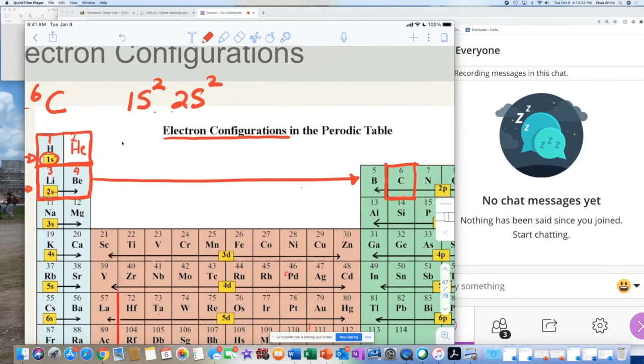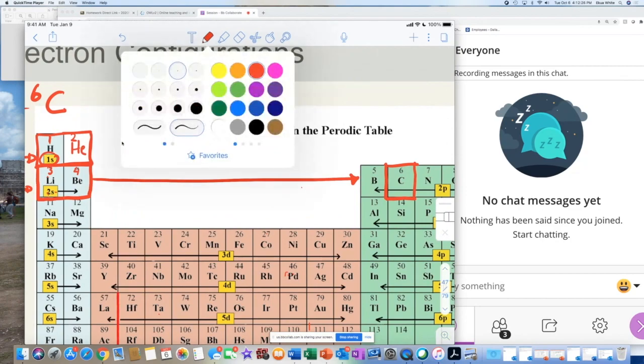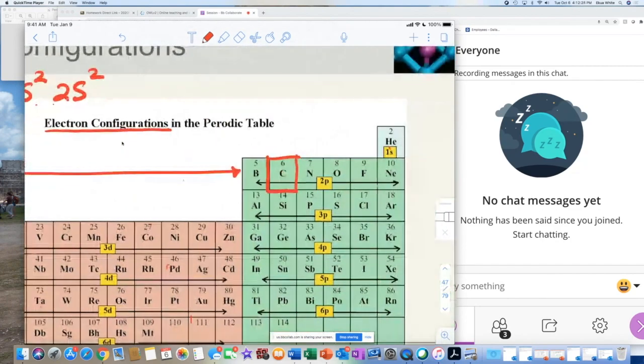Well, my 5th and 6th electron live in this sublevel right here, this whole sublevel. But I'm not going to use all of this section right here since I only have 2 electrons left. I'll say in the 2p sublevel, the name of this sublevel, I'm only going to place 2 electrons in there.